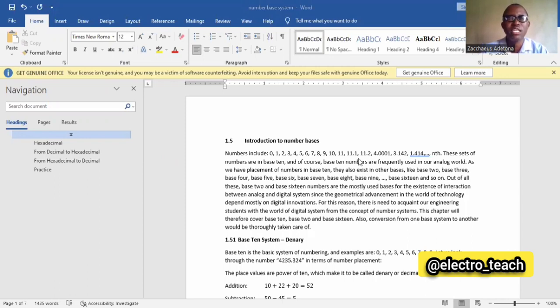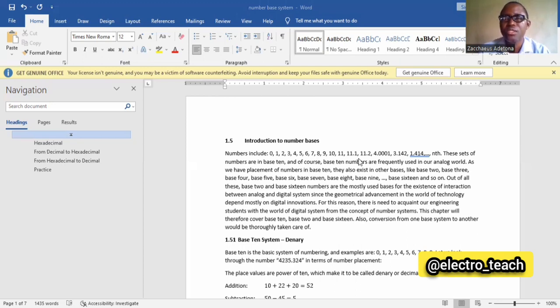Usually the numbers that we count are in base 10, and if it is in base 10, we normally omit writing the base. There are other base systems, such as base 2, base 3, base 4, base 16, and so on. These base systems can be converted from one to the other.